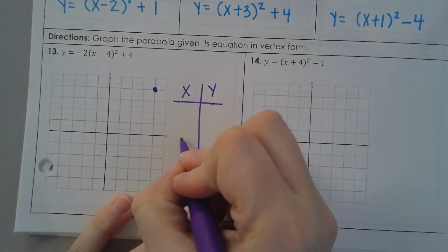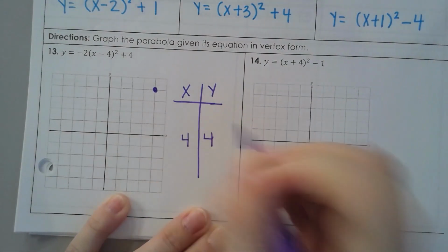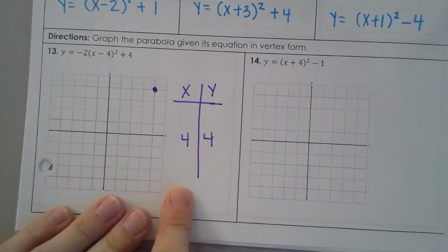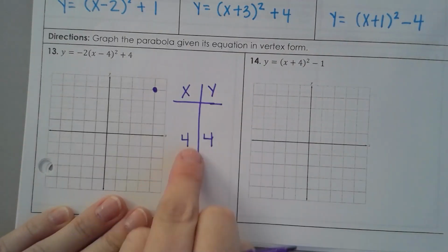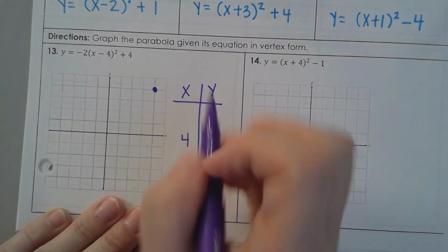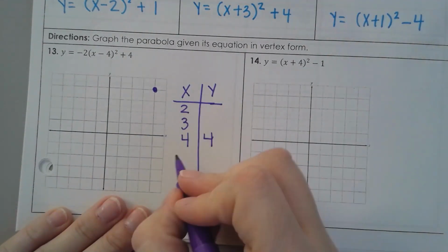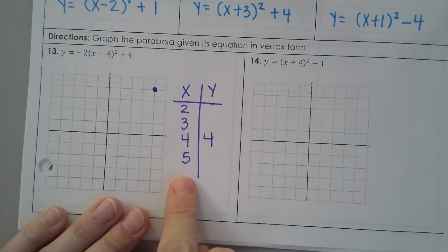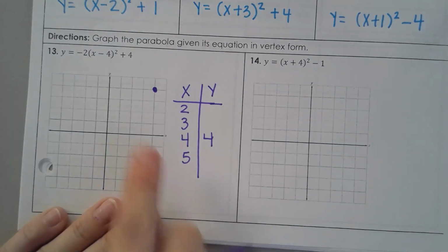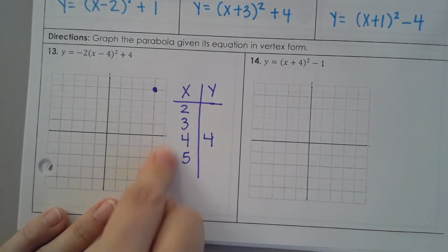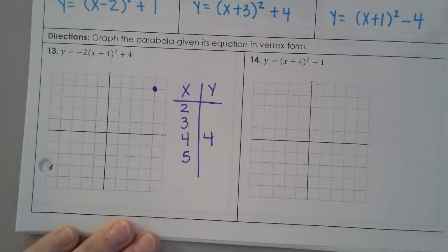So we have 4, 4. Then I would do a couple of x values above and a couple below. So I could do 3 and 2, and 5. Normally I would do a 6, but my graph doesn't go past 5, so there's no point.